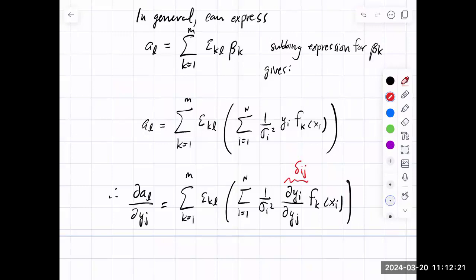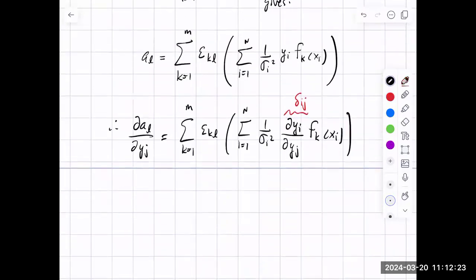Okay, so what we end up with then is the sum from k equals 1 to m of epsilon KL times fk of xj, divided by sigma j squared. And that's it, sigma j squared.